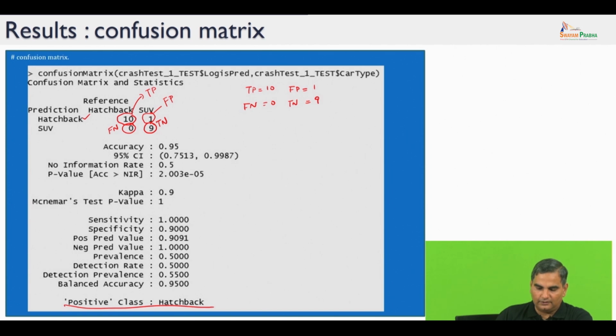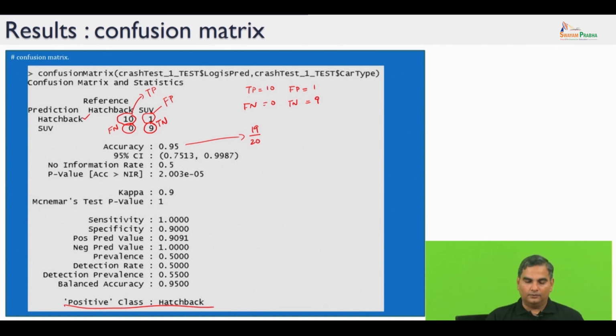So, the accuracy is the number of times we got it right. If I sum up all the diagonal elements, which will be true positive plus true negative, those are the number of times we got this right. So, the numerator for accuracy will be 19 divided by the total number of samples, which is 20. So, you see that 0.95 is the answer.